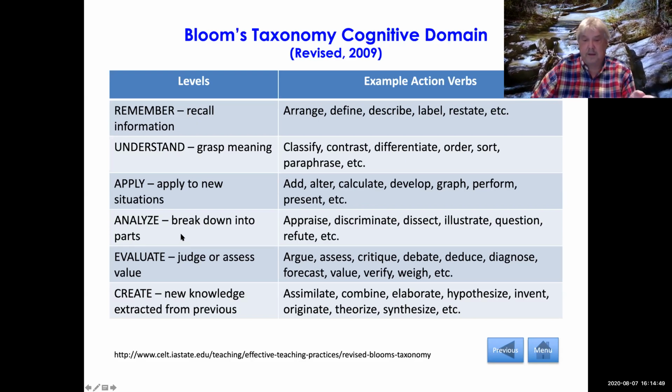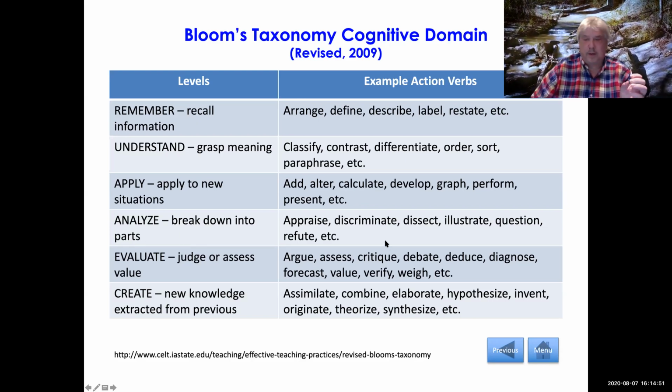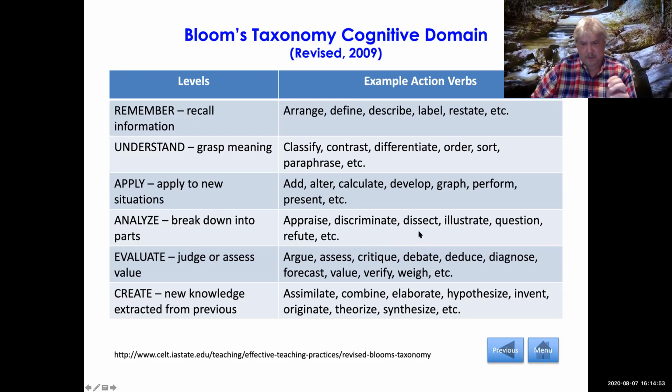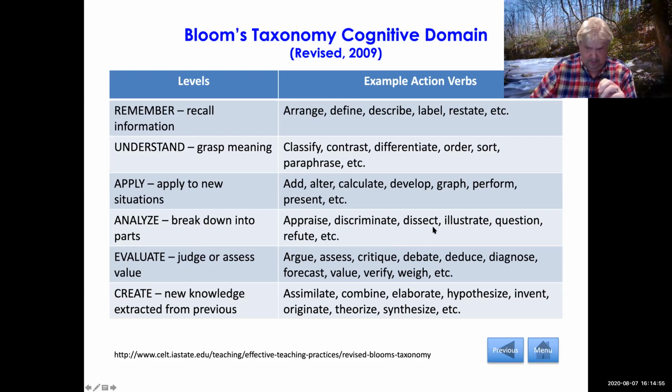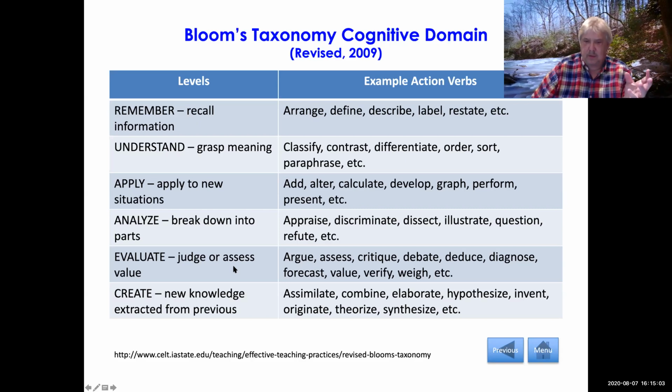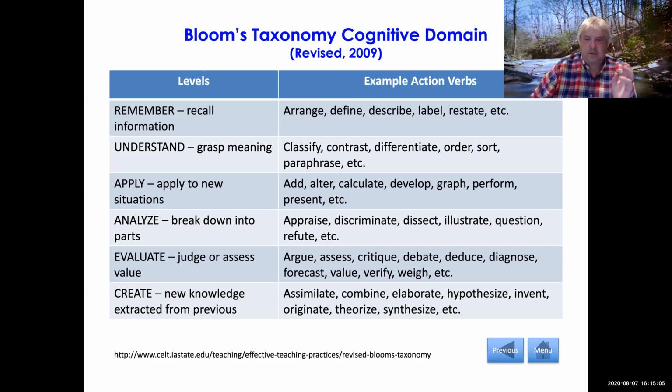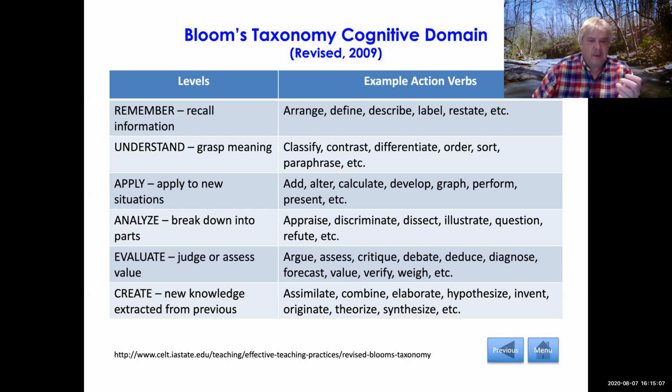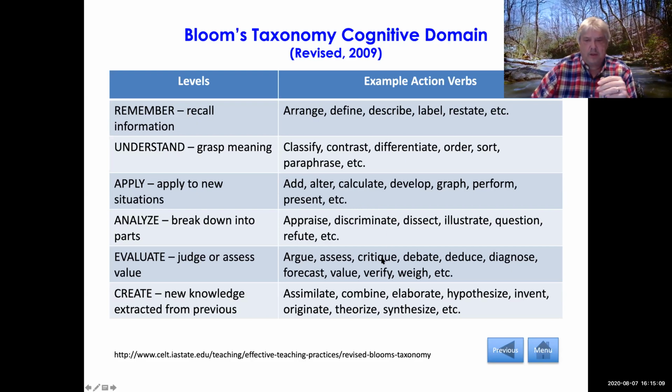These would apply to your studies as a doctoral student. Now we're analyzing and breaking things down into parts. We're appraising. Look at these action verbs: dissecting, illustrating, questioning, refuting, appraising. At the next step, we get into evaluation, where we can argue, assess, critique, deduce, diagnose, and of course critique and debate. All of these things fall on evidence.